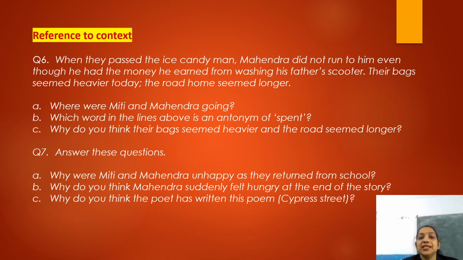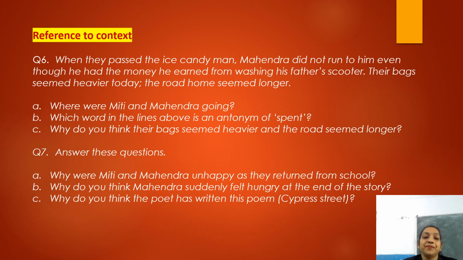When they passed the ice candy man, Mahendra did not run to him even though he had the money he earned from washing his father's scooter. Their bags seemed heavier today. The road home seemed longer. So children, this is an extract taken from the chapter, and based on this extract questions are given.